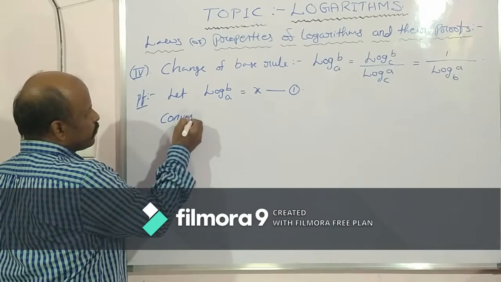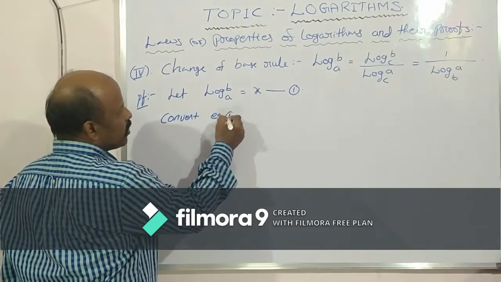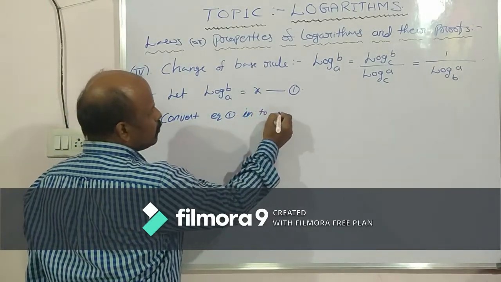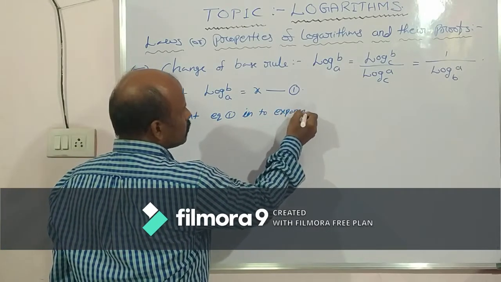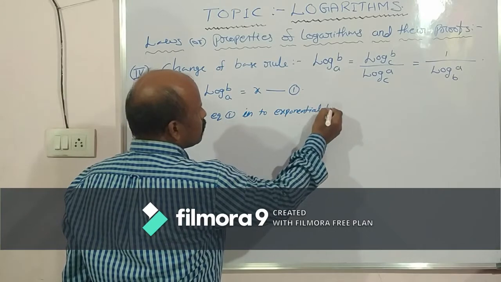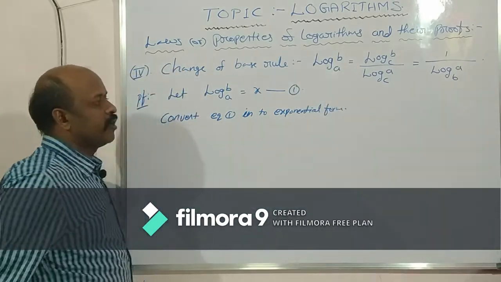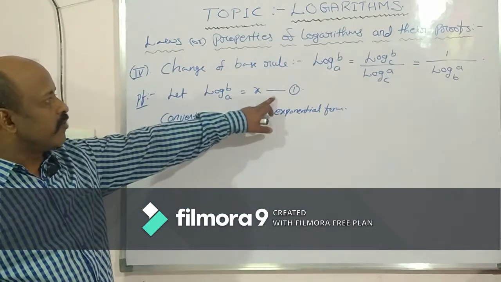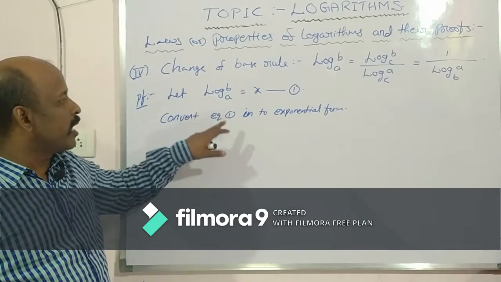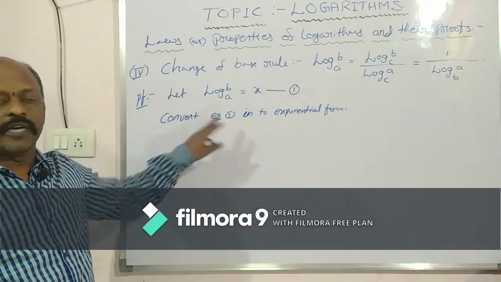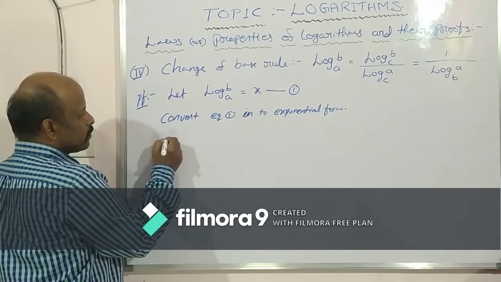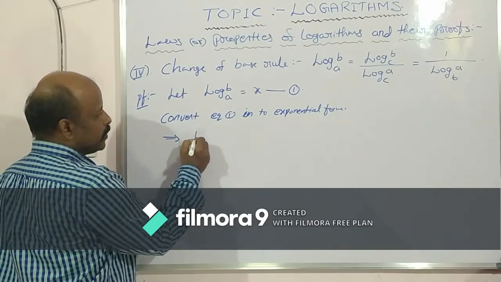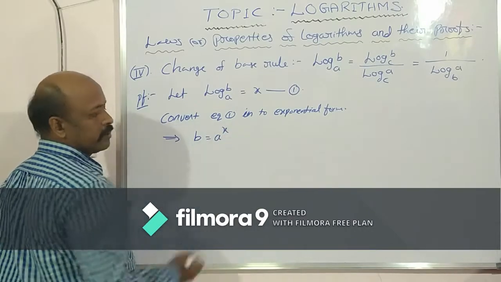Convert equation number 1 into exponential form. Here equation number 1 is in logarithmic form. I am going to write it in exponential form. So how can we write here? It implies b is equal to a power x.